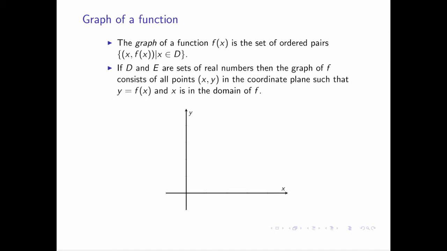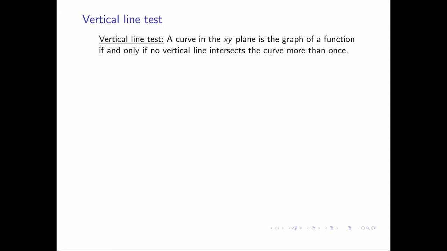So if these are the coordinate axes, the graph of a function is drawn here. I haven't given a formula to it, but it's the set of all points (x, y) such that f(x) is equal to y. There's a vertical line test to see if we really have a function.